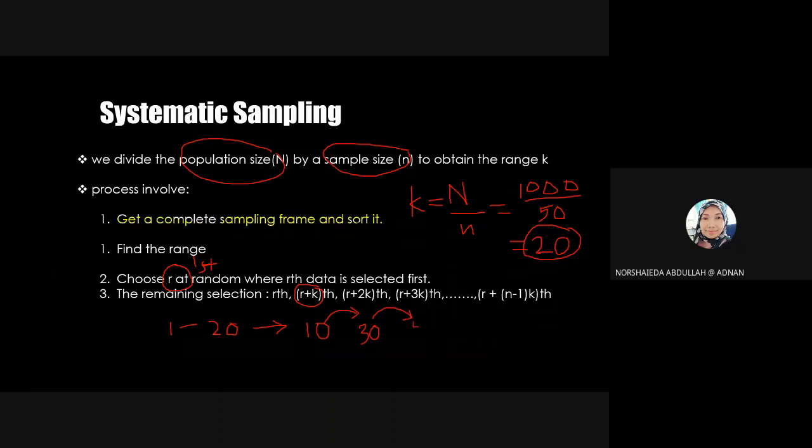So the next one is 50. So maksudnya orang yang ke 50 dalam list tu, jadi sample number 3. And then plus another 20, 70. Sampailah kita tambah sampai kita dapat 50 sample. Okay. So itu cara kita nak perform systematic sampling.